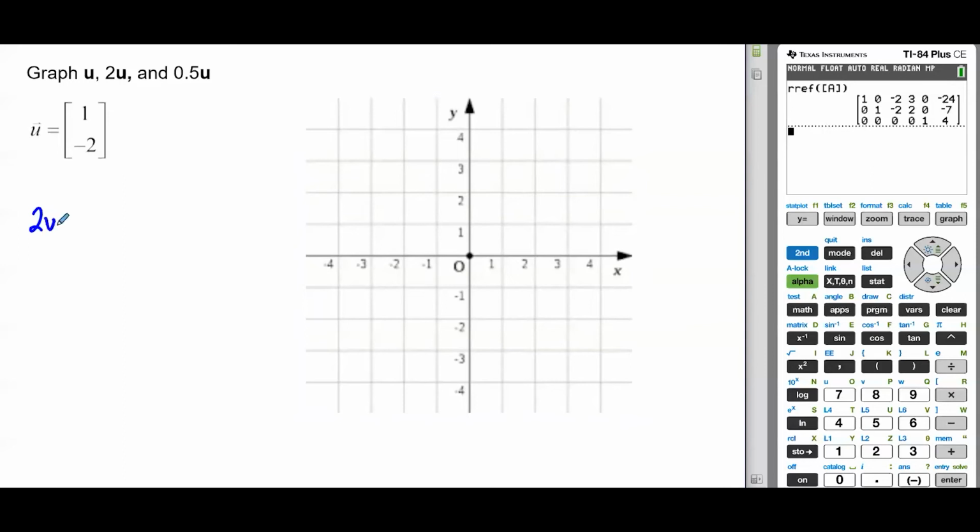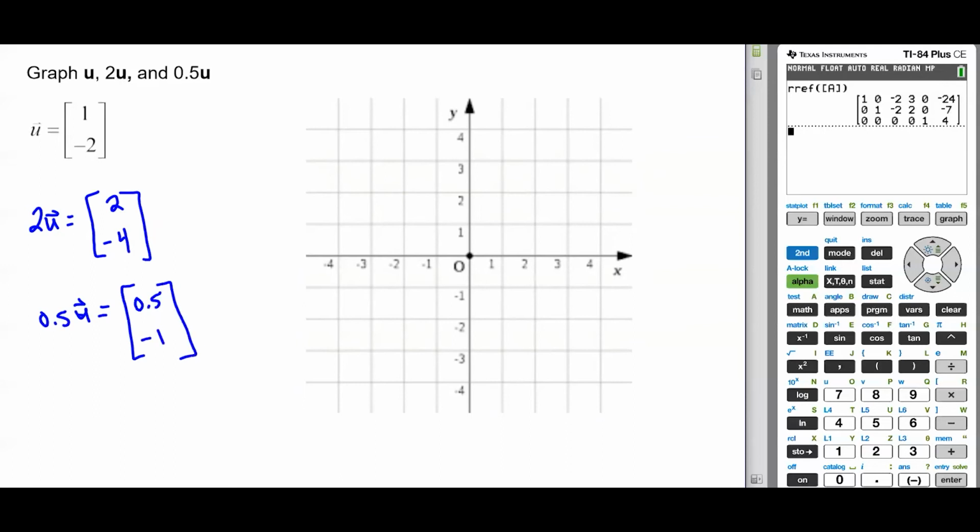What's 2 times u? That's going to be (2, -4), right? We're just going to multiply the entries by 2. And then what's 0.5u? So 0.5 times 1 is 0.5, and 0.5 times negative 2 would be negative 1.